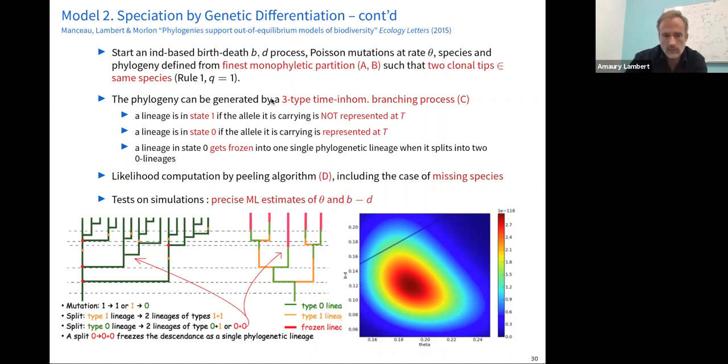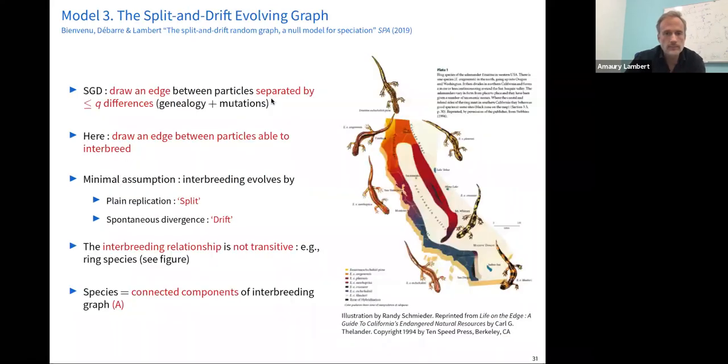And what we showed is that when we apply this method to simulations, we get very precise estimates, as you can see on the well-behaved likelihood contour plot on the right, of 2 parameters, theta, the mutation rate, and B minus D, the growth rate of the genealogy. And at the end of the lecture, I will show you a nice application of this model.